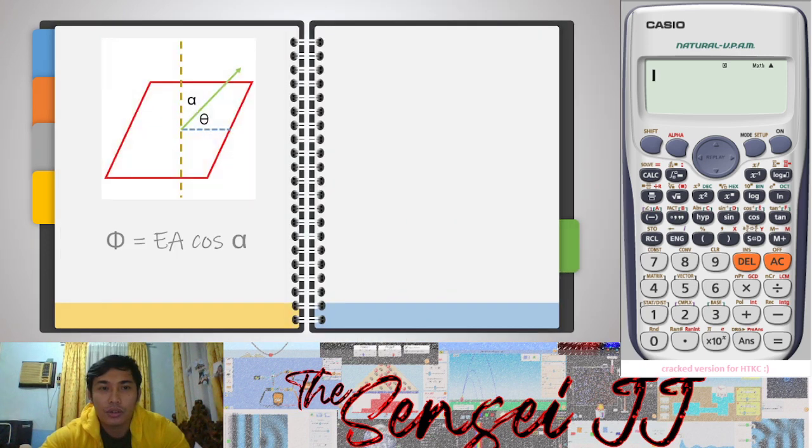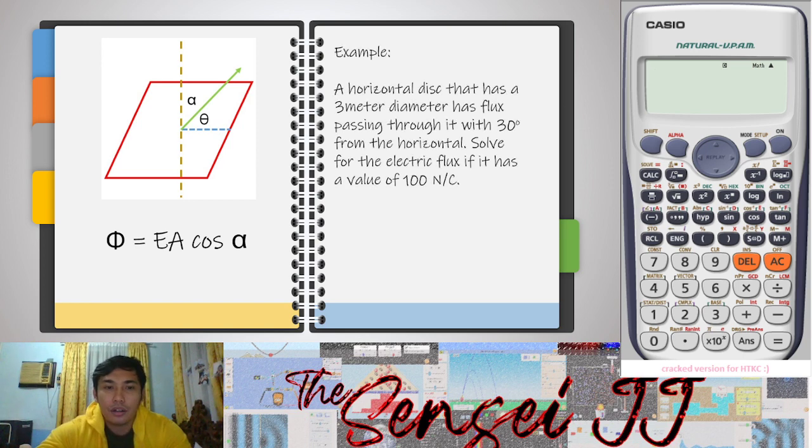Let's proceed, guys. Let's have here an example of our electrical field line. As you can see, we have here a horizontal disc that has a 3-meter diameter, with flux passing through it at 30 degrees from the horizontal.